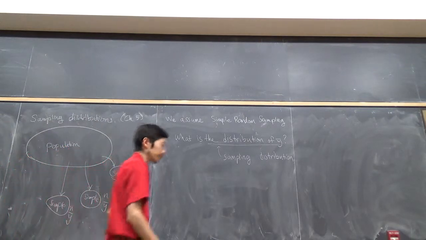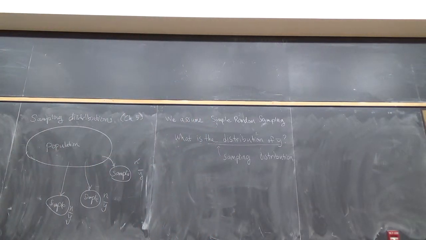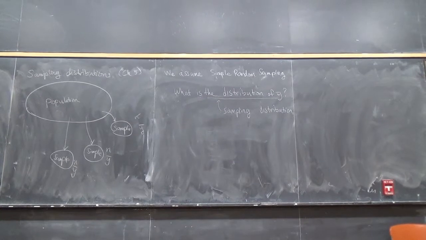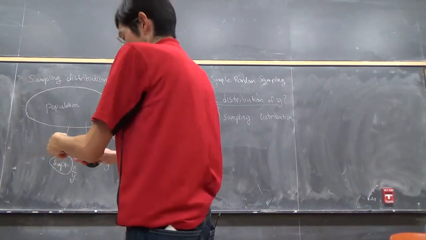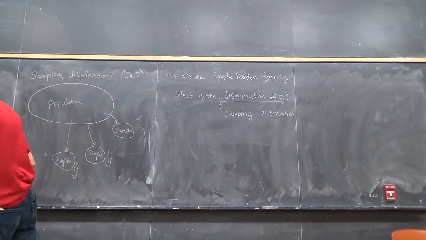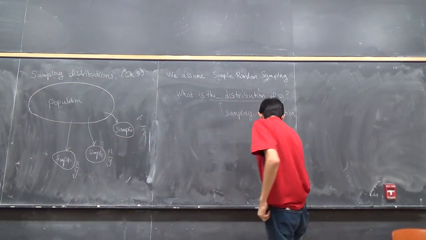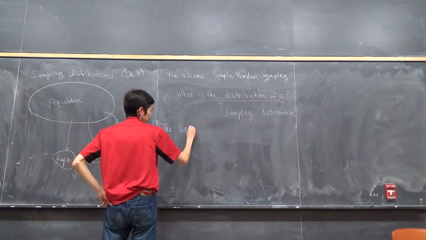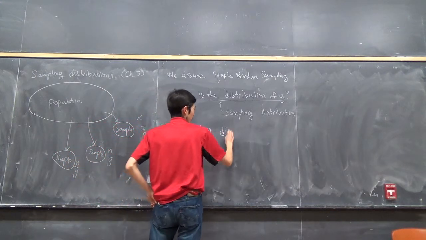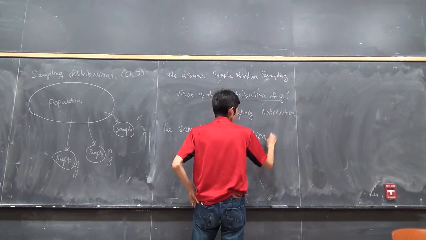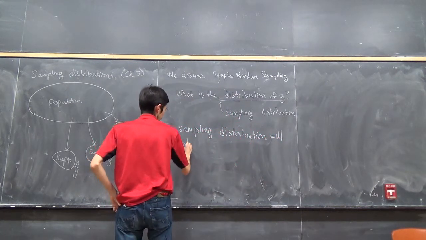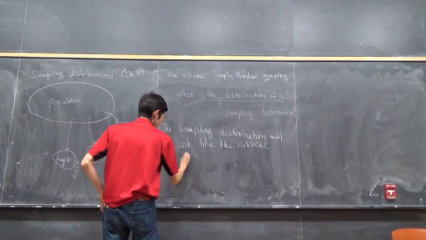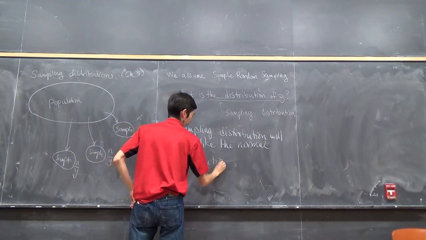Okay. So let me just recenter this. So the sampling distribution will look like the normal distribution. Okay.